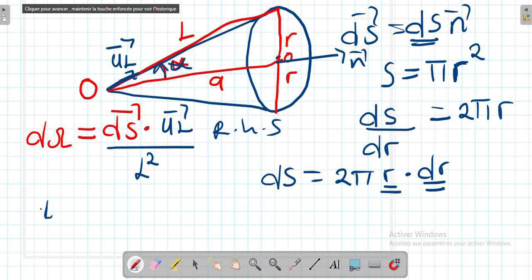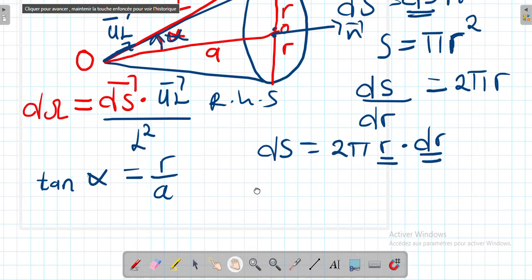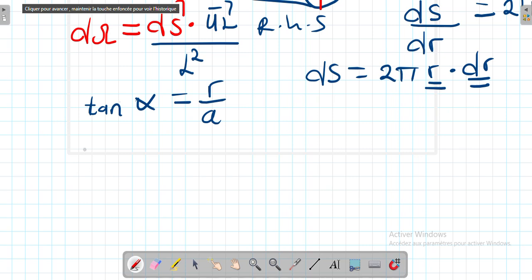Tan is the ideal one. So tan alpha is equal to, we know tan of the angle is equal to the opposite, which is the radius, over the adjacent, which is a for now. We parameterize this length to be a for now. Then what you need is your radius, because here you need to get rid of radius.